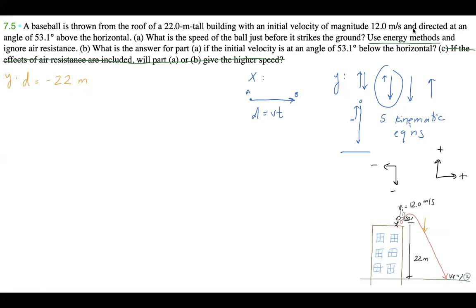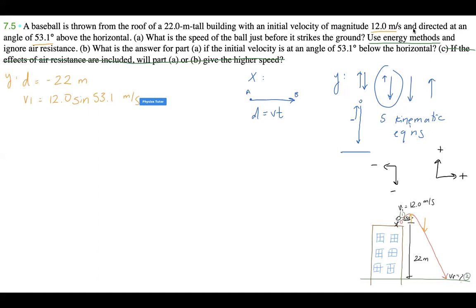Then we have our initial speed, but our initial speed isn't just 12.0 meters per second, because it's at an angle. We have to account for the angle, and it's going to be just this component right over here. So it's going to be 12.0 sine 53.1 degrees, meters per second.